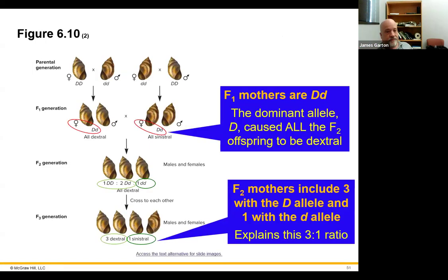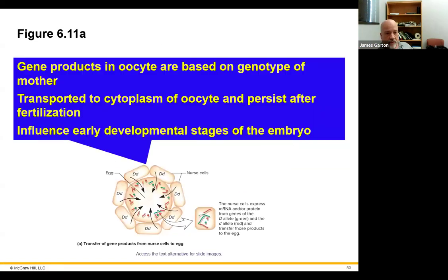And the thing is, it's easier to show here. Here's a developing egg, and here are nurse cells surrounding it. If these nurse cells contain at least one of these capital D alleles, that RNA will get pumped into the egg.